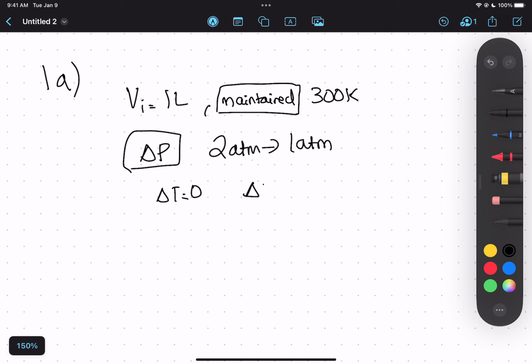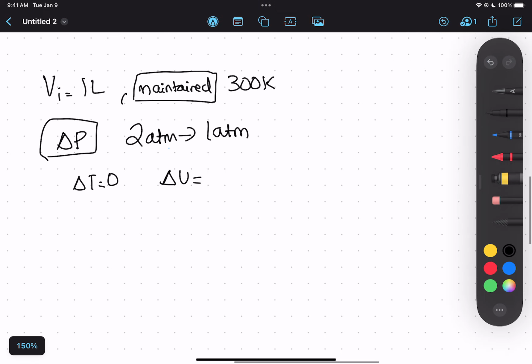And if we think about what delta U was back in maybe the first week or two, even if it's not delta U, just U in general, I'm gonna erase this real quick. So internal energy, I kept writing delta U, just U, was equal to 3/2 N, N being the number of molecules, kBT. That was the total internal energy.